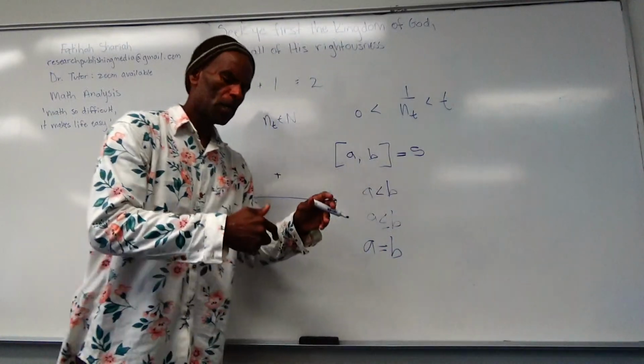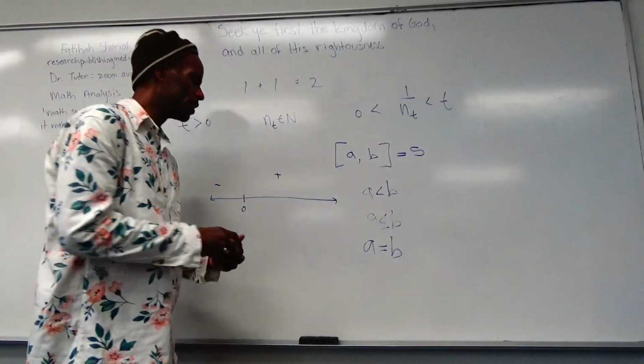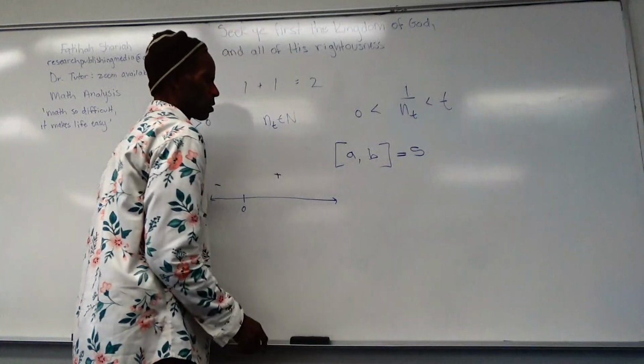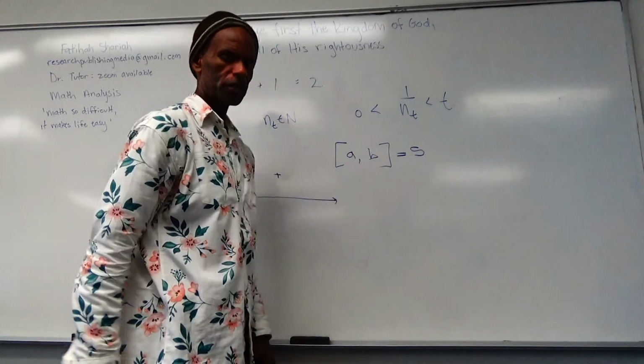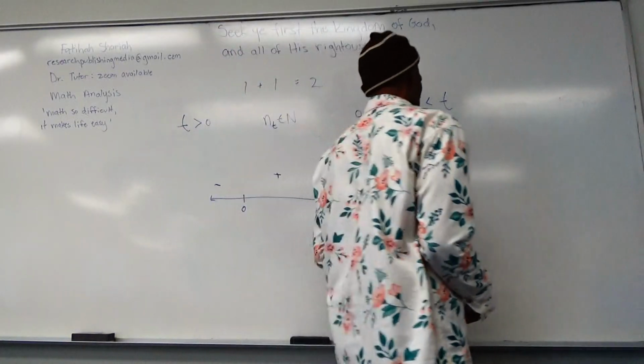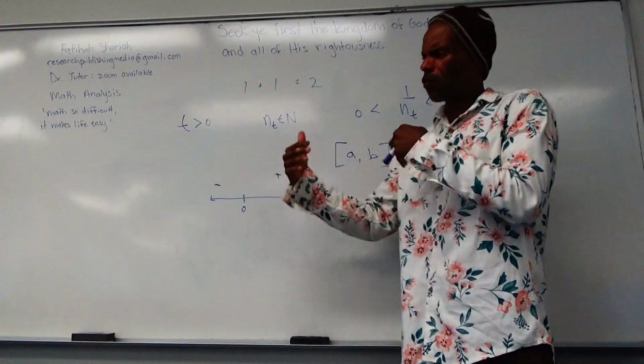Always understand that you can define it however you want. Now, normally it's just understood, right? If you just see it like this, that's understood where A is less than B. Again, understand they got something called ordered pairs or ordered relations.